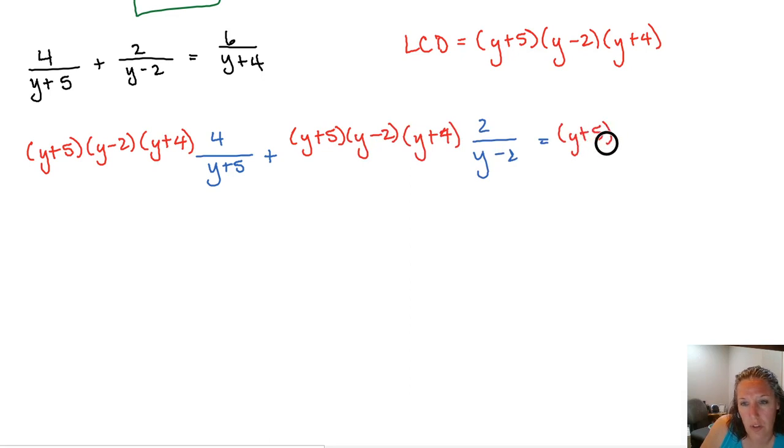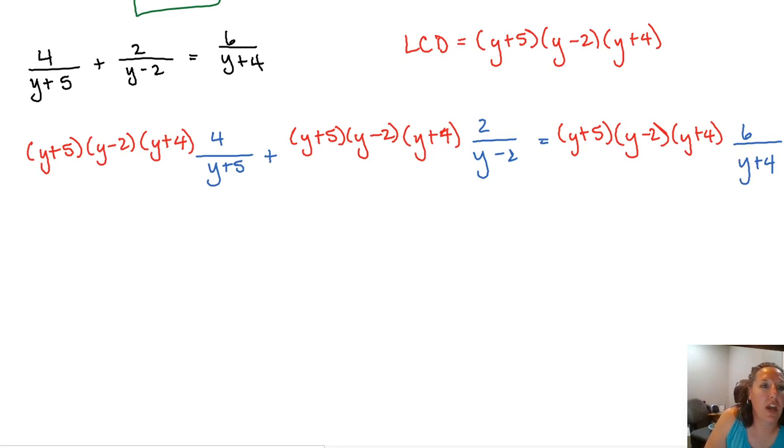And reduce those fractions just like we saw in the previous problem. So our first fraction, we have a y plus 5 in the denominator, so that'll divide out, and we're left with y minus 2 times y plus 4 times that 4 in the numerator.